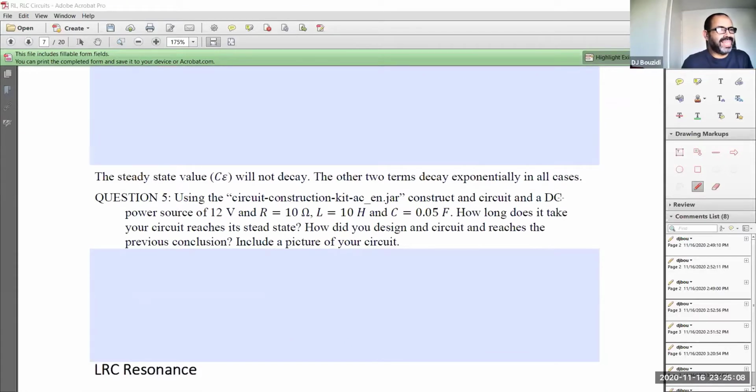So, question 5. Using the diagram, the same stuff, construct an RLC circuit, basically, with a DC voltage of 12 volts, a resistor R which is 10 ohms, the inductance, bring it down to 10 Henry, don't leave it at 50, and the capacitance, leave it as 0.05 Farad.